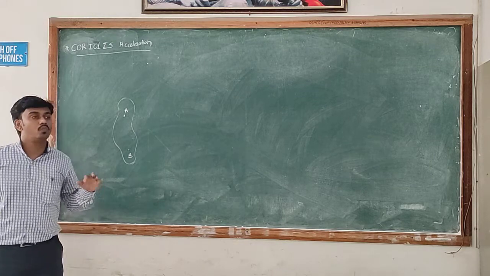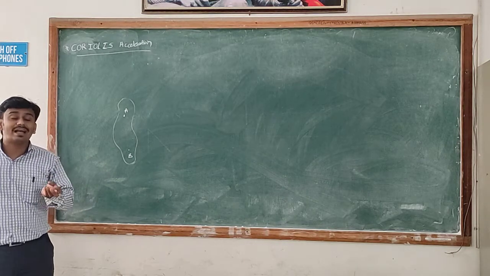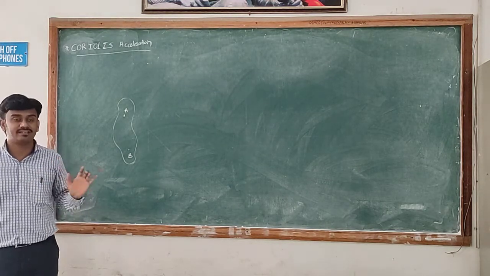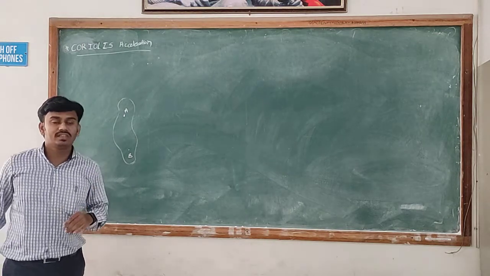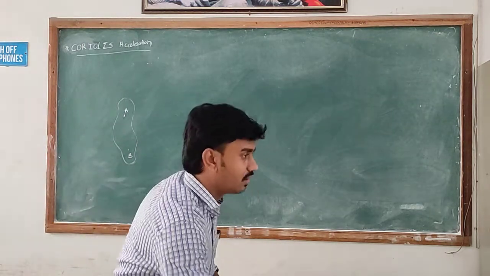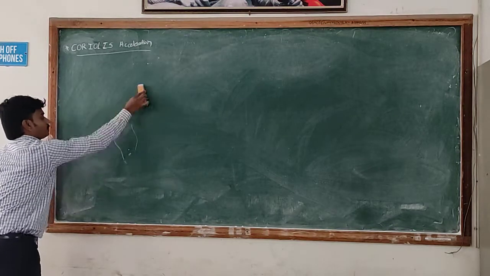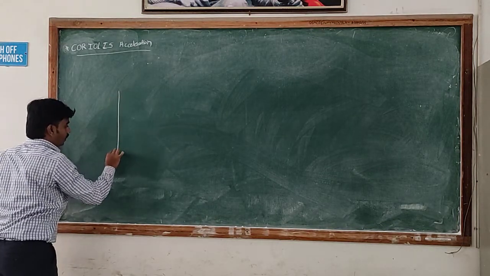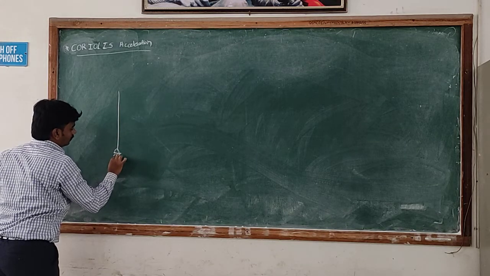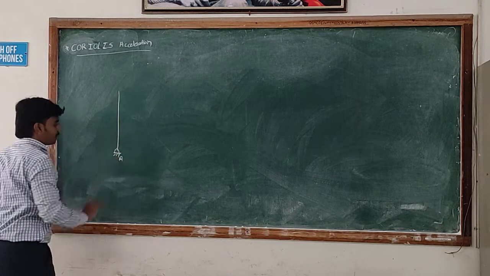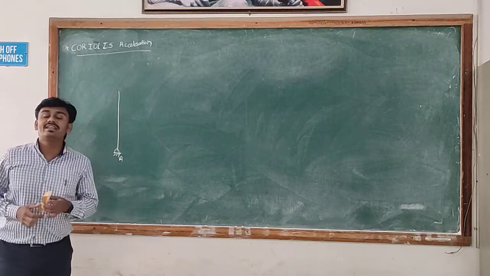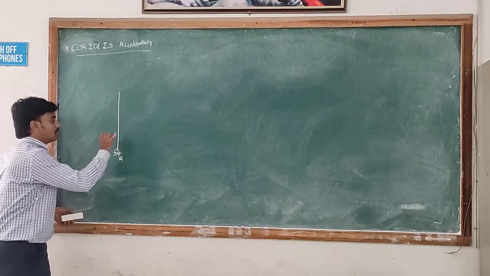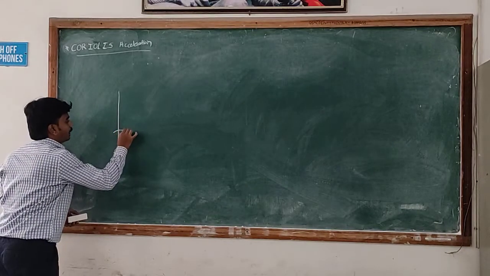But what is Coriolis acceleration and when is it present with the links? Take one example. Suppose this is one link, here is point A, and this link oscillates with angular velocity omega.